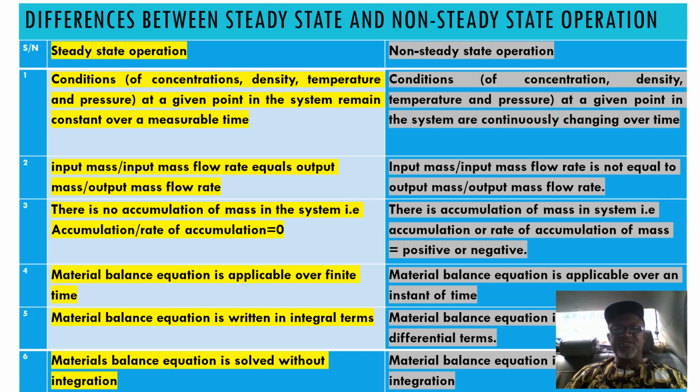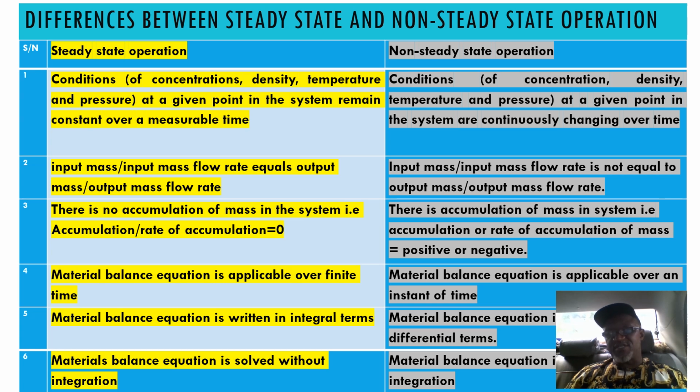Now, differences between steady state and non-steady state operations. Now, we'll try to differentiate steady state, non-steady state. For example, for steady state conditions, whether it's density, temperature, at any given point the system remains constant over a measurable time.